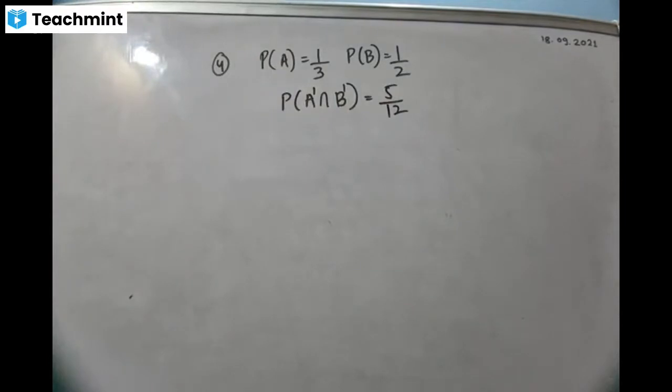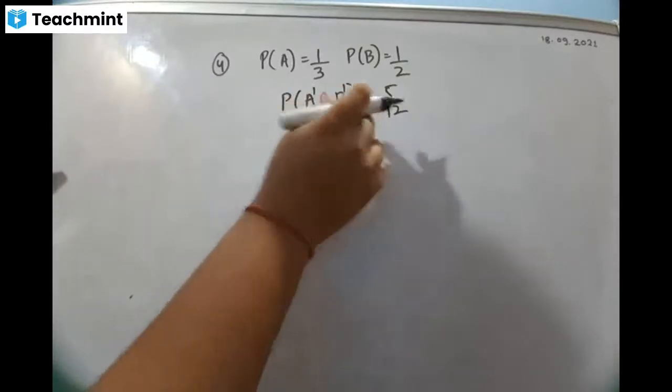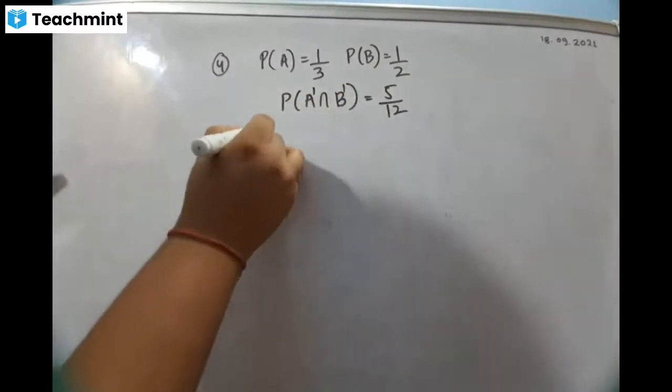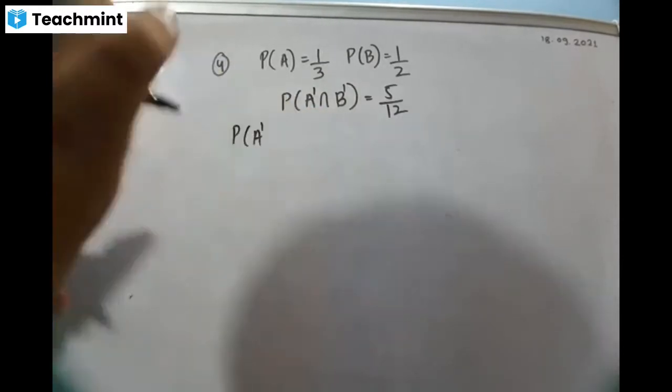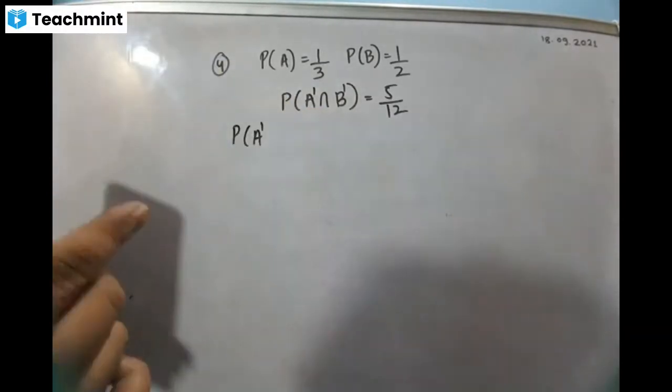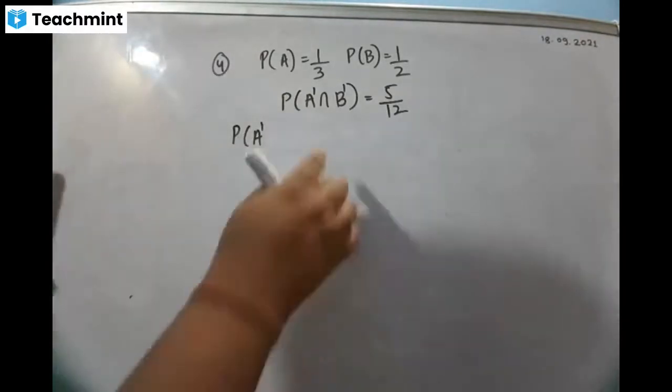Is that clear? So the first thing I'm going to do is, everyone look at the board, I'm going to simplify this. De Morgan's law. What is De Morgan's law? Probability of A complement. I hope you understood why I wrote A complement, because the question said not A. That means not A means A complement, not B means B complement, and this was and.